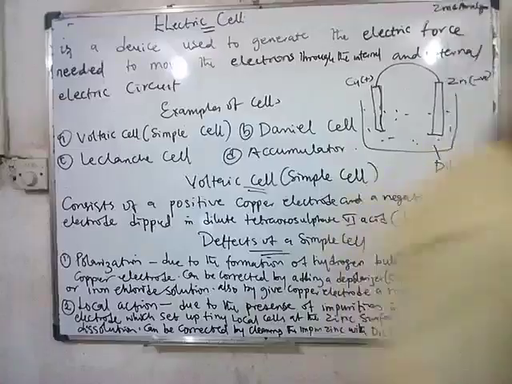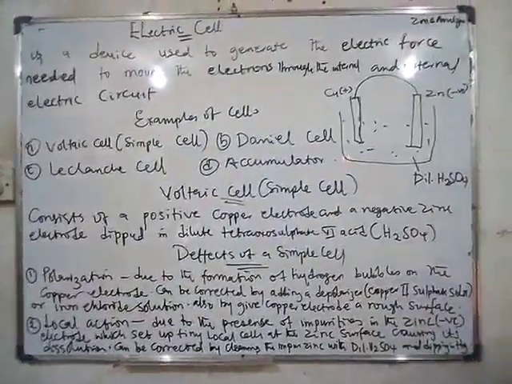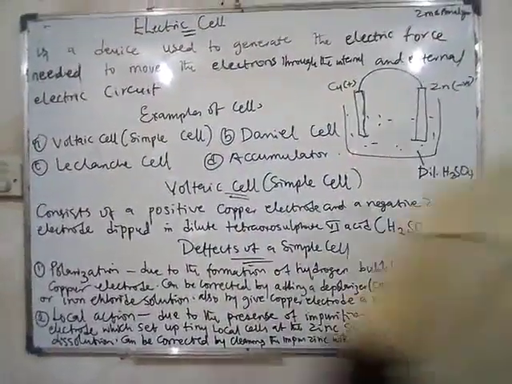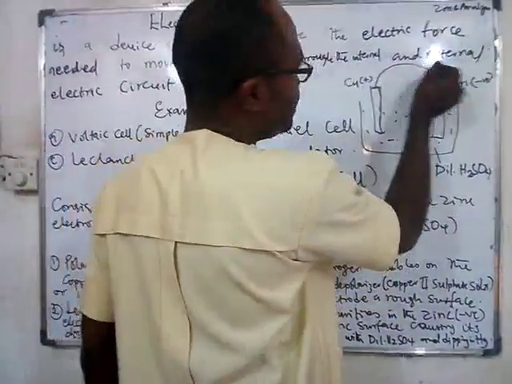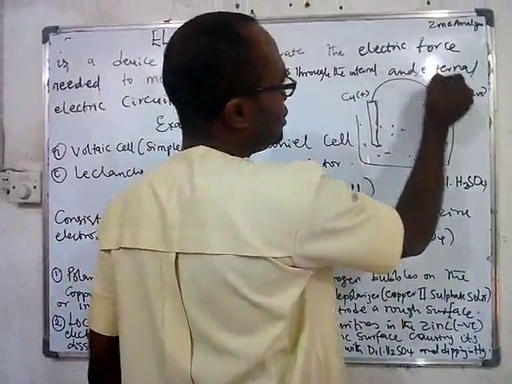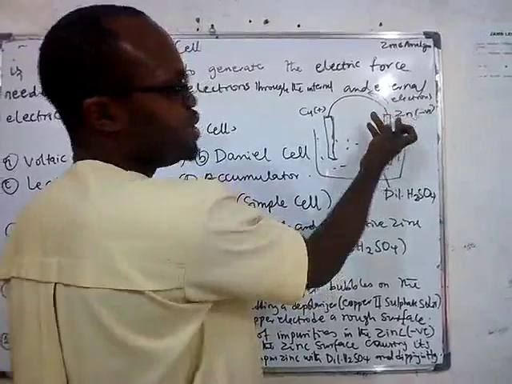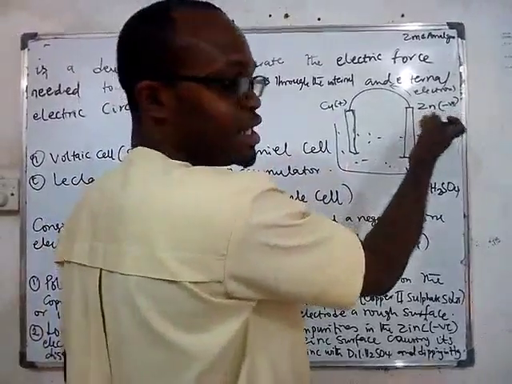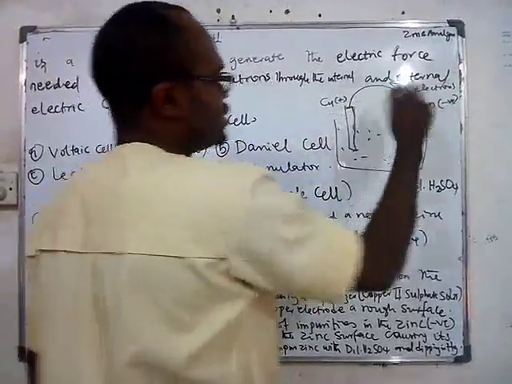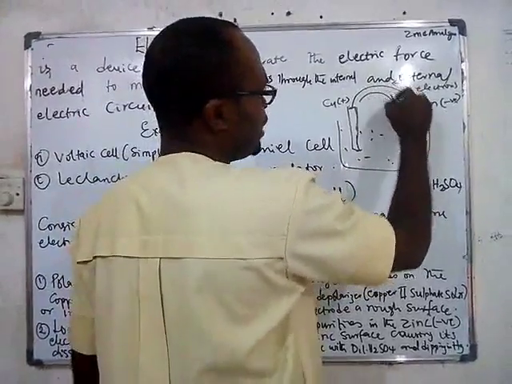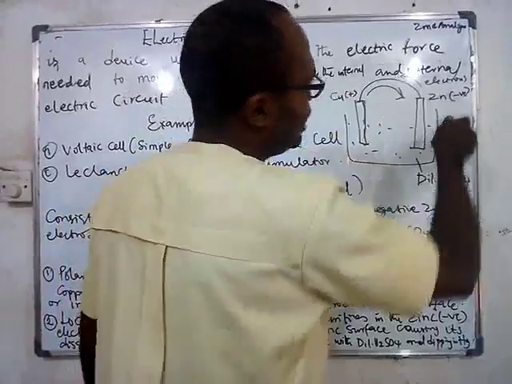In order for you to generate charges. Is that clear? So you have electrons moving in this direction. They are moving from the negative. You know electrons are negatively charged. But the conventional direction of current is from positive to negative.